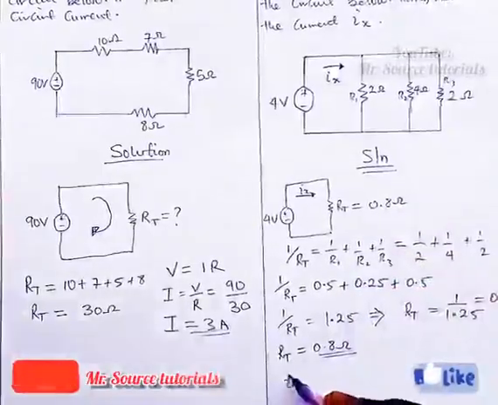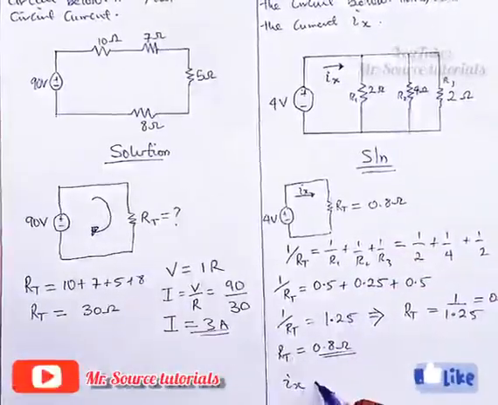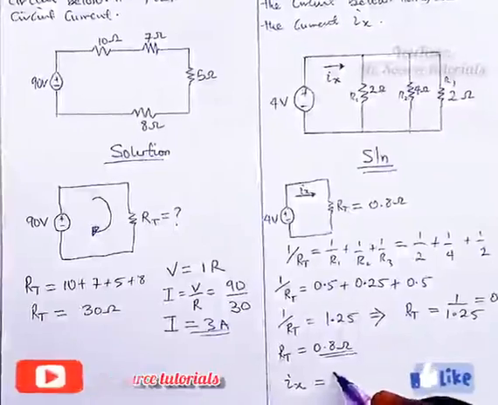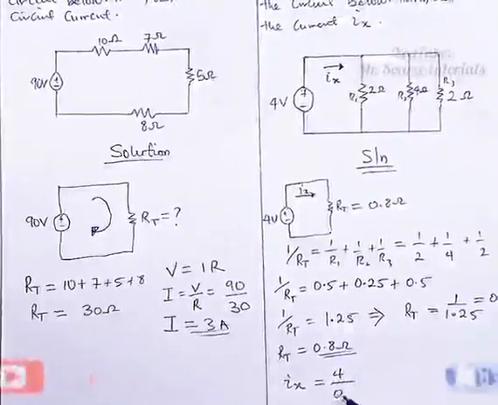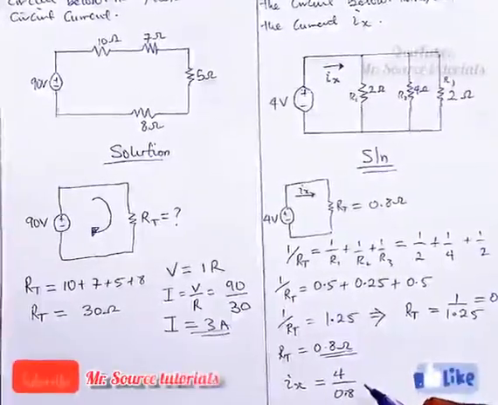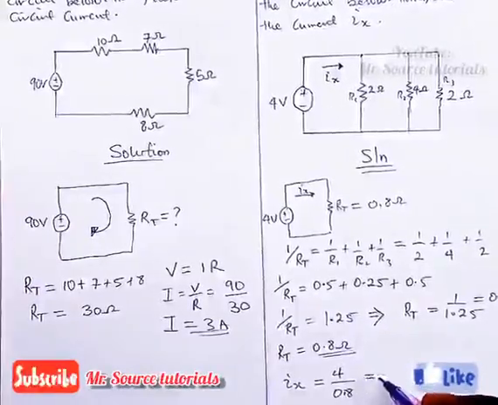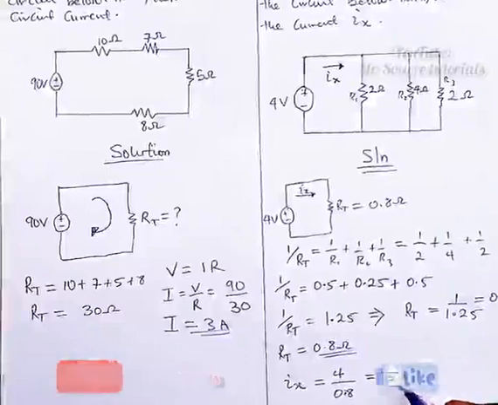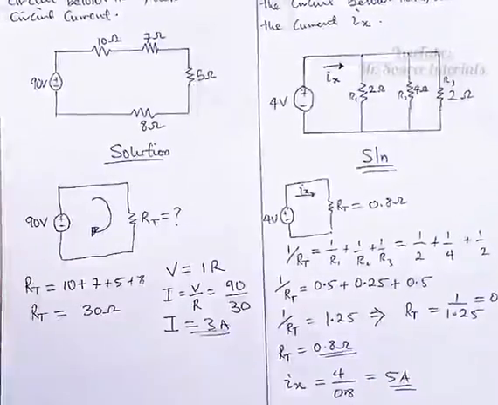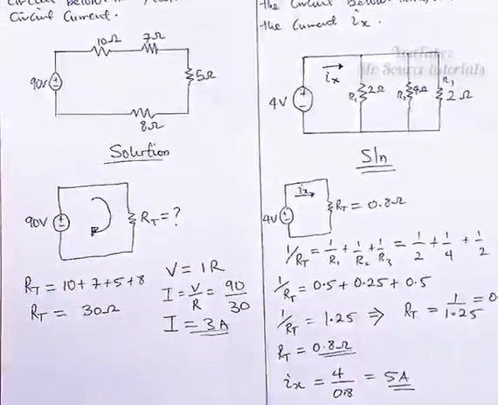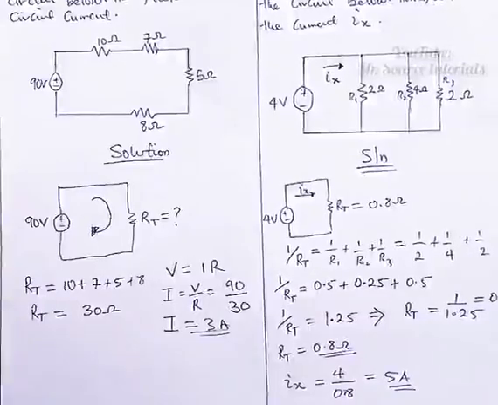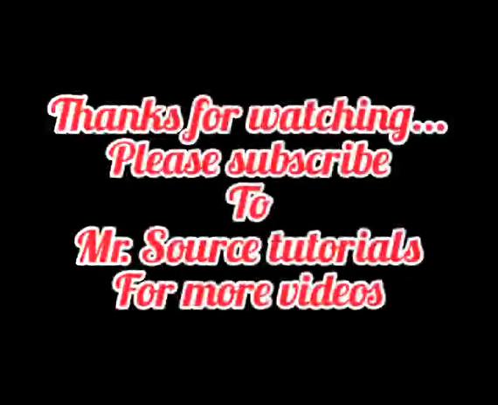From Ohm's law, I of x is equal to 4 divided by 0.8, which gives us I of x equals 5 ampere. That is a simple method and a simple way of solving this type of problem.